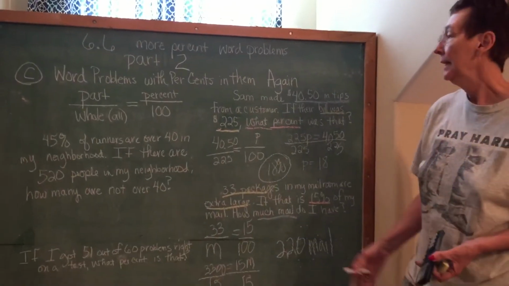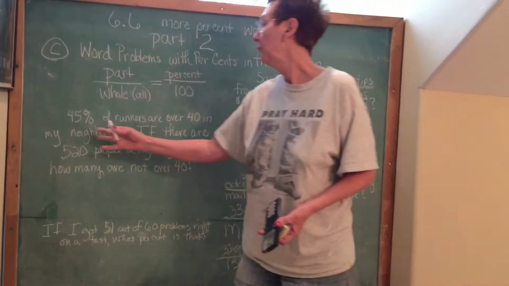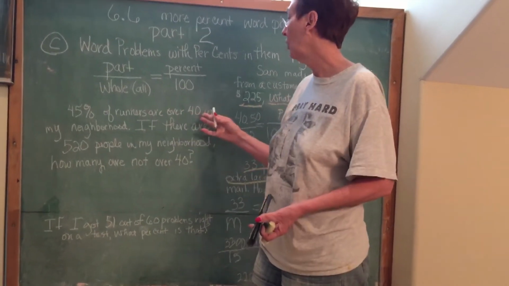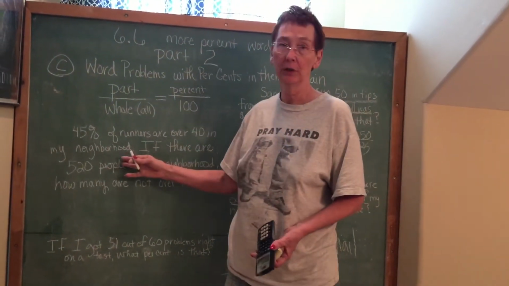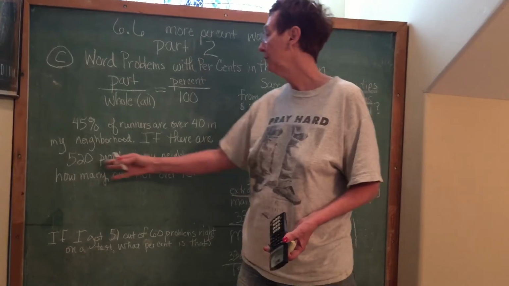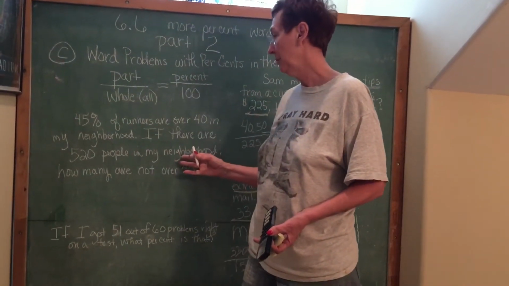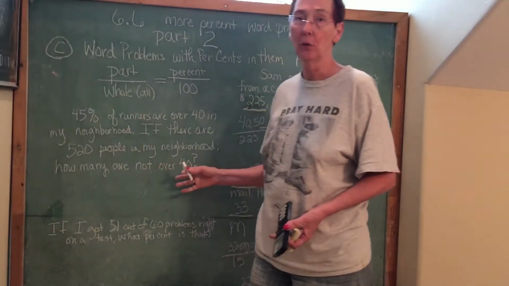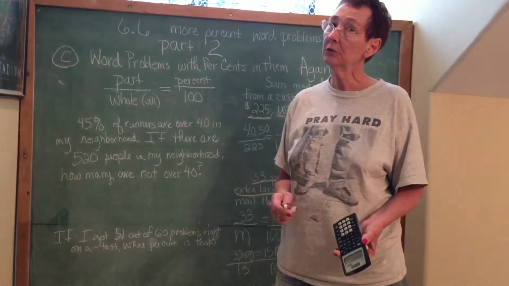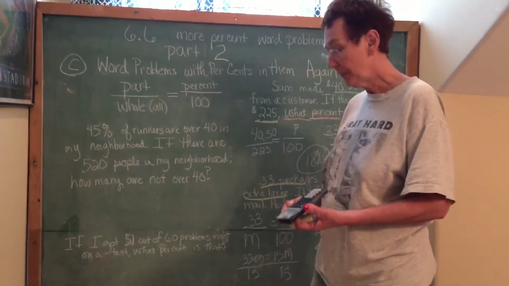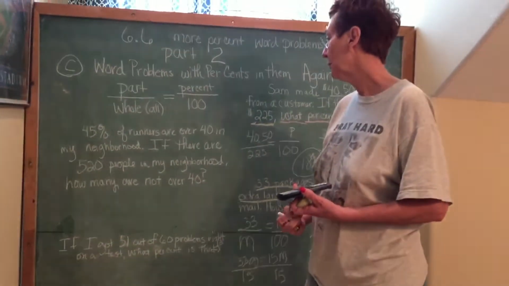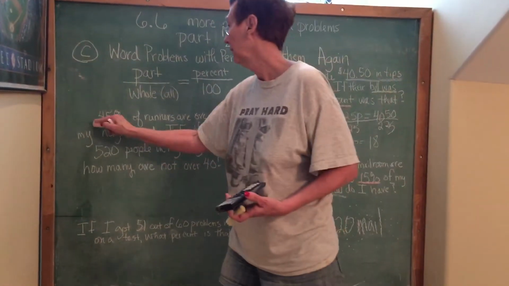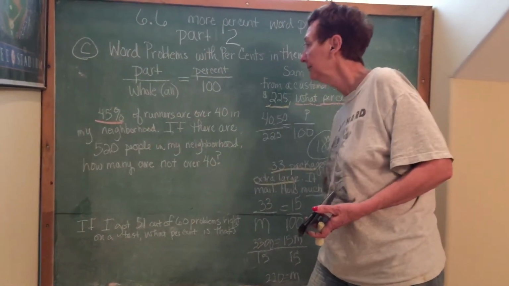In my third example, 45% of the runners in my neighborhood are over 40. If there are 520 people in my neighborhood, I want to know how many are not over 40. This one's got a little trick to it. Let's see if I can identify my things. My percent is right there with a big fat percent sign, 45.